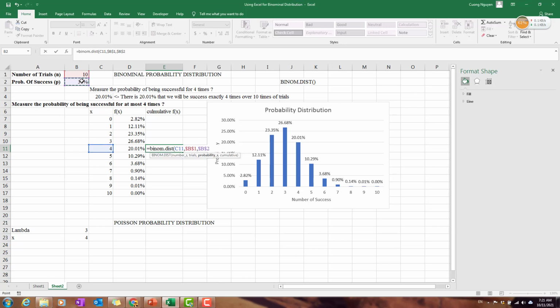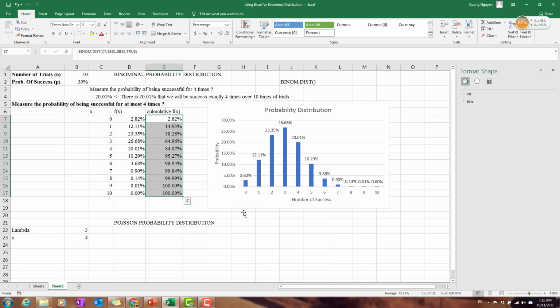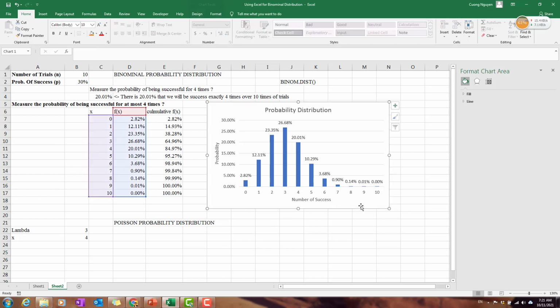The same for 4, and I would say the cumulative distribution function is true. Okay, and here we go. That should be 80%. So I can copy the function also. Because this is the cumulative function, in the end everything will be summed up into 100%, and I format it as a percentage. Okay, this looks very good now.